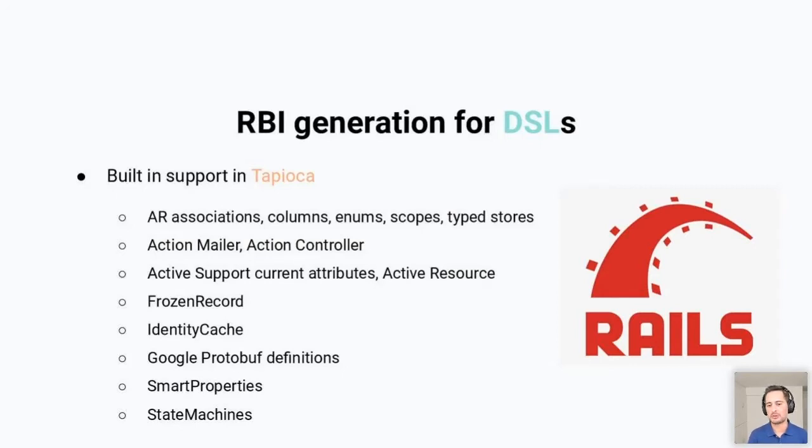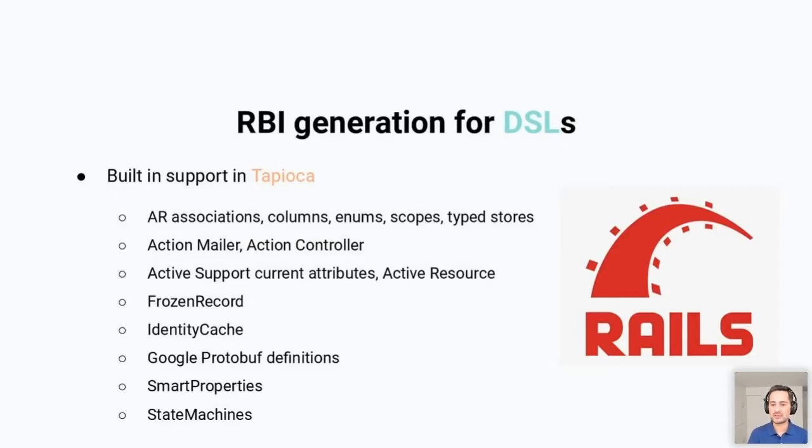For example, if you use Rails and if you use active record, when you write belongs to user, that actually generates about 10 different methods in the background for you at runtime. But those methods are not statically visible when Sorbet looks at the code base. It only sees belongs to user, but it has no idea what methods that statement generates.